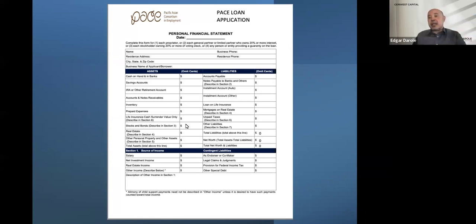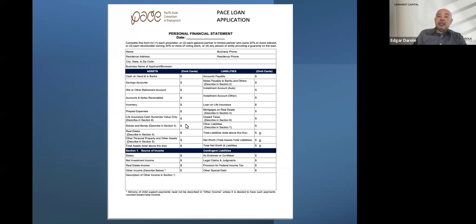Notes payables and accounts payables are kind of confusing because sometimes you don't have any accounts payables, and some people put accounts payables under notes payables. That's okay, as long as you're listing all your monthly payables or your yearly payables there, that's fine. But in essence, notes payables are bank notes that you pay other than the installment account that you have.